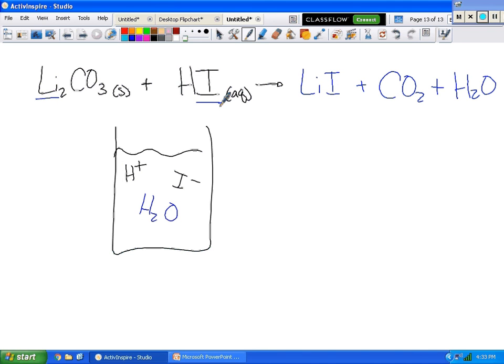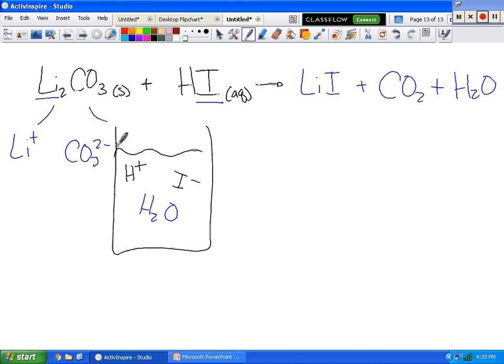Yes, but here's the crazy part. What's actually going to take this solid and split it into its ions? The water is. The H and the I have nothing to do with destroying it. The water is going to break it apart, because most acids are water, right?